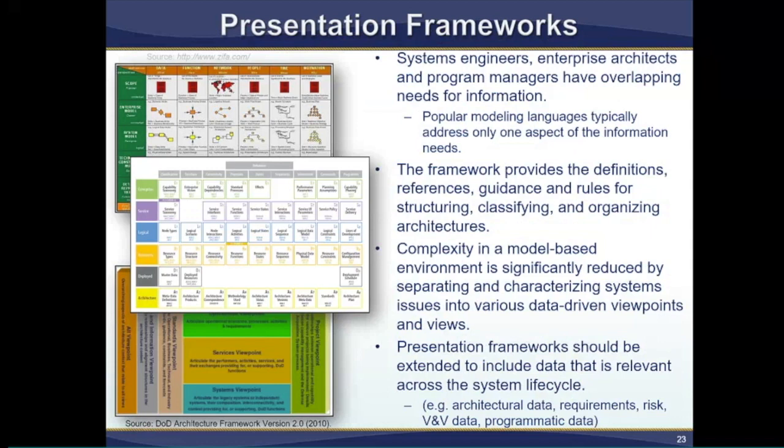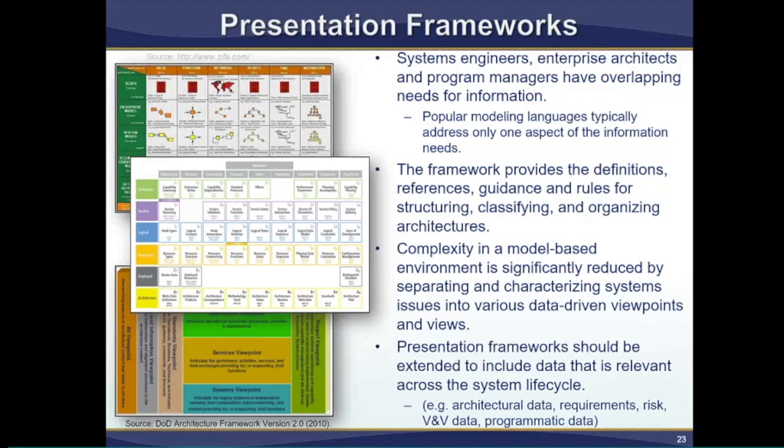So I think we need to relook at this as a community, so we can provide different definitions and reference and guidance. If you look at DODAF, for example, and I try to extend DODAF to say, hey, wait, I don't have everything I need in there. Where's my risk stuff? Where's my performance stuff? Where are my requirements in there? I can't come up with a good answer.